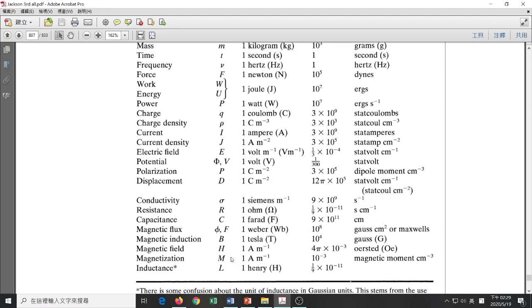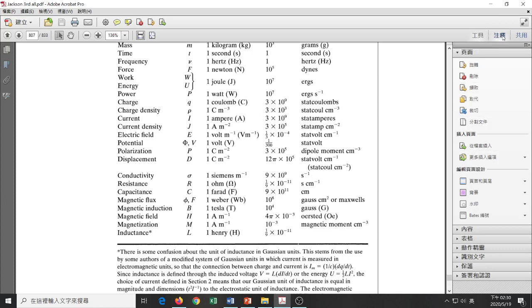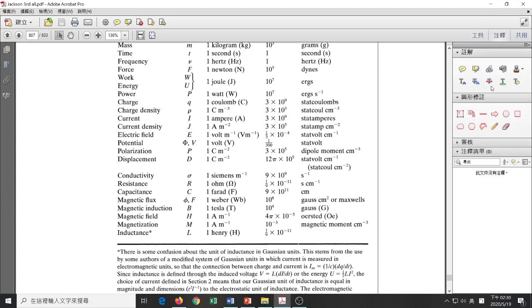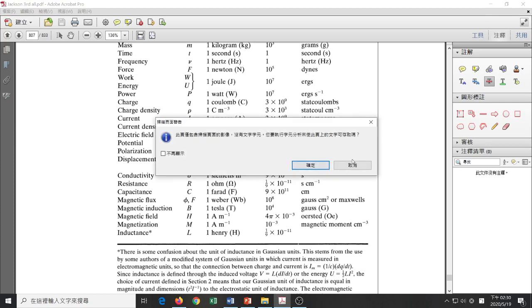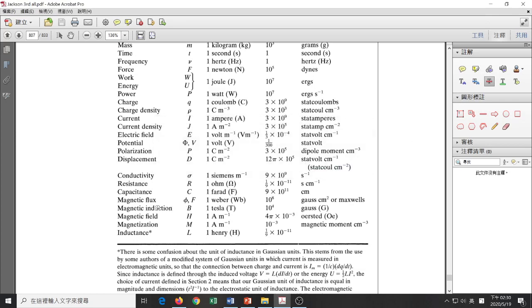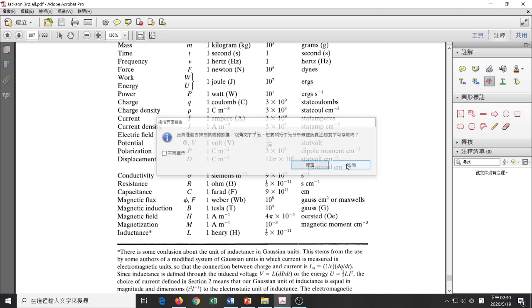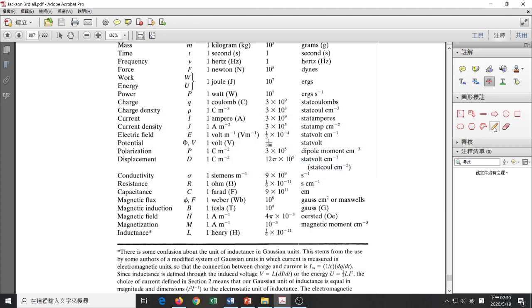And the H field, Jackson used, maybe I should say something here, Jackson called it magnetic induction, but people don't like it very much.